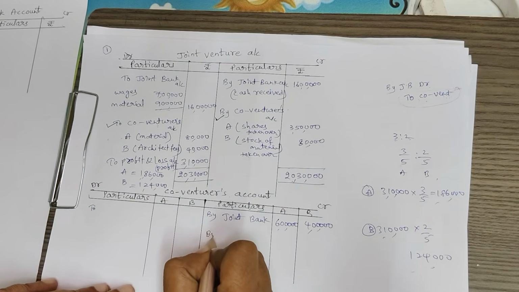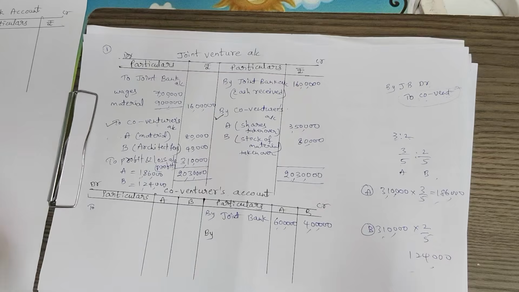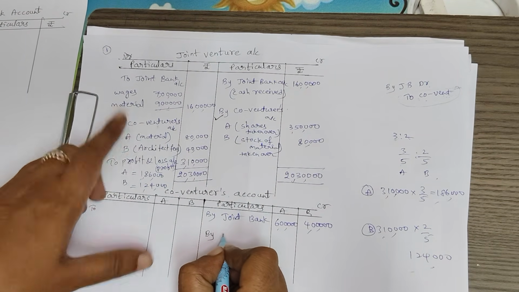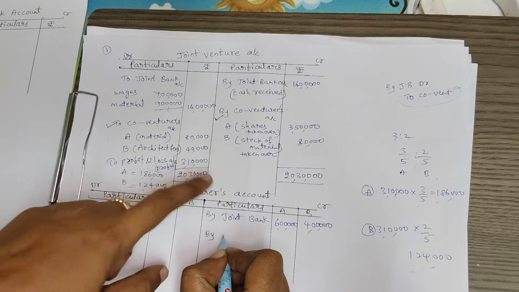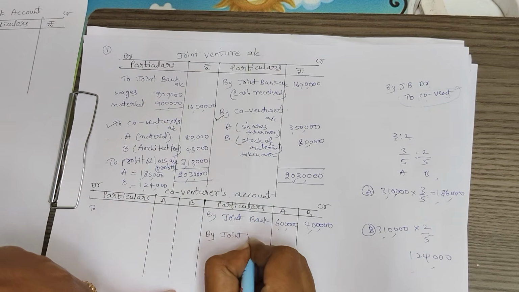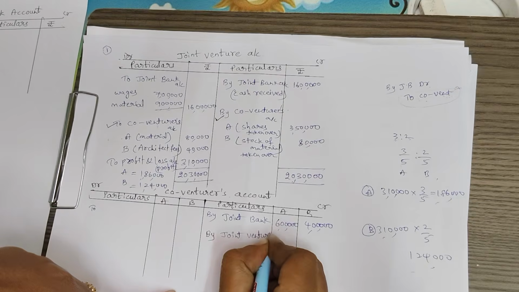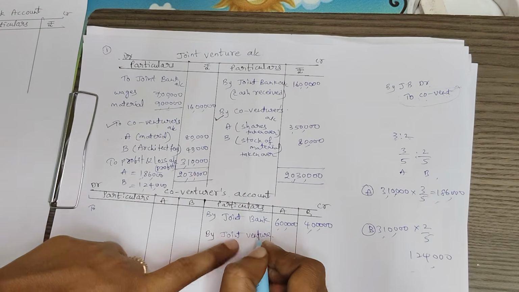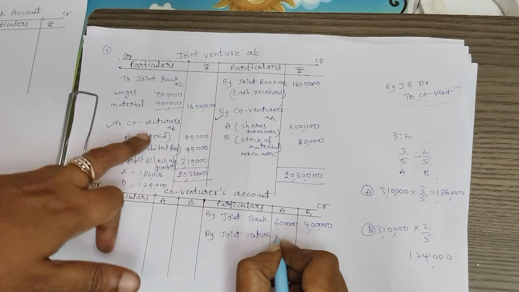I'm writing here on the credit side. What should we write? Co-venture or joint venture? In the co-venturers account we should write joint venture. In the joint venture we are writing co-venture. In the co-venture we are writing joint venture. Clear?